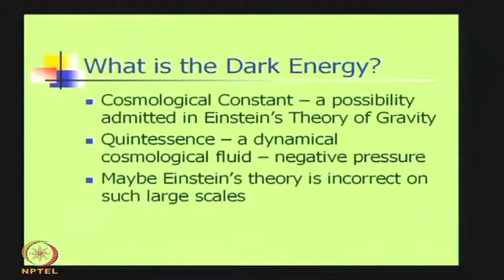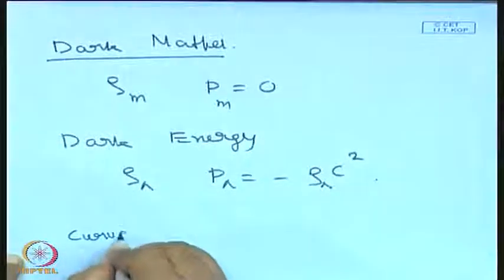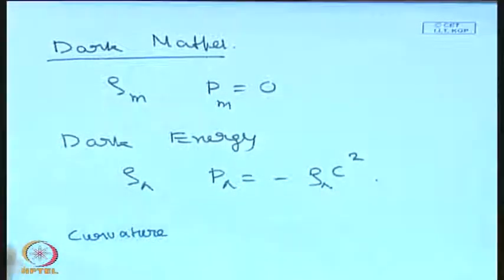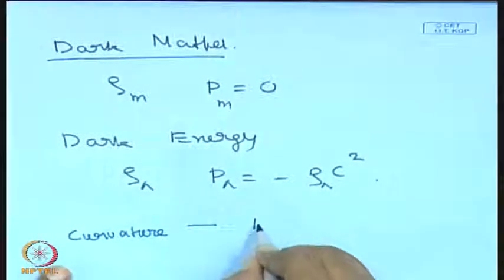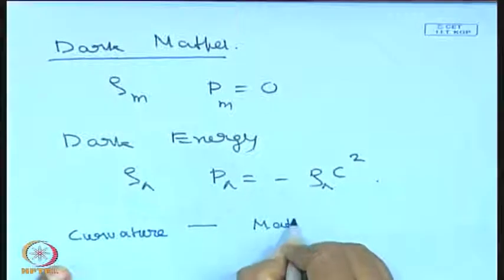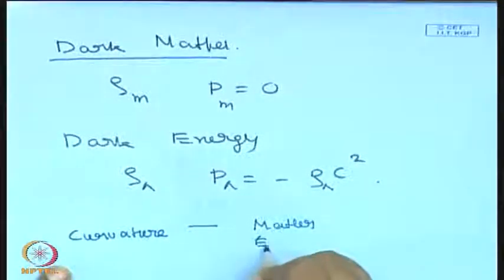The cosmological constant is a possibility that is admitted in Einstein's theory of gravity. Okay. So in Einstein's theory of gravity, curvature of space time arises due to matter, energy basically.